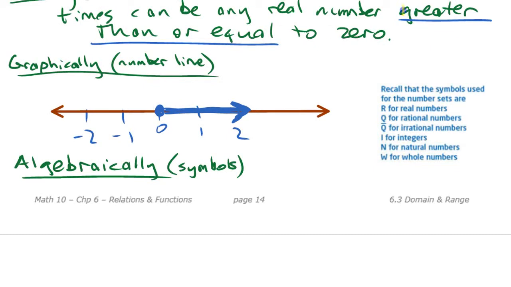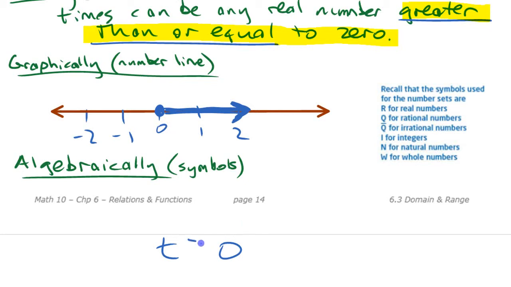How do you show symbols for this? Greater than or equal to 0. Well, you say something like this, right? You say, the variable is t here. You say, time is greater than or equal to 0. Which way do you put the symbol in here if you want to say greater than or equal to?